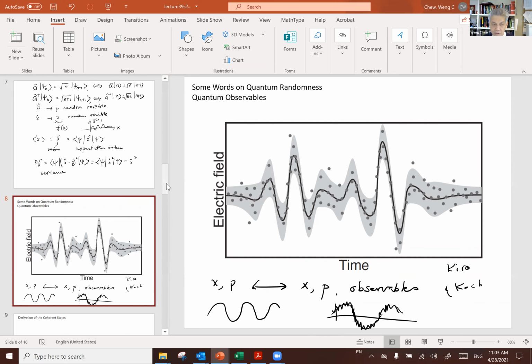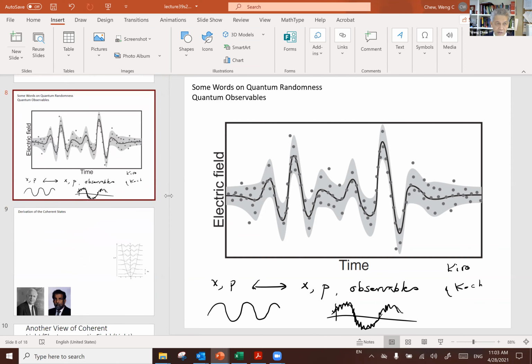Okay, are there any questions so far regarding the difference between the quantum world and the classical world? The take-home message is that anything that you are comfortable with as deterministic can become a random variable in the quantum world.